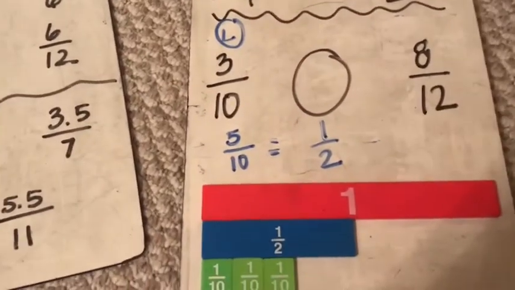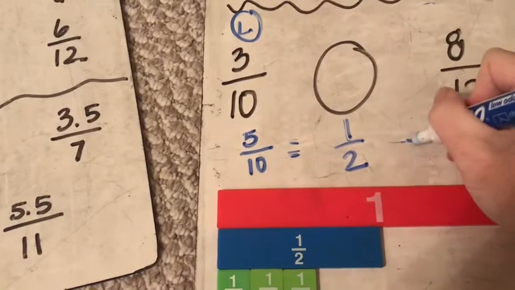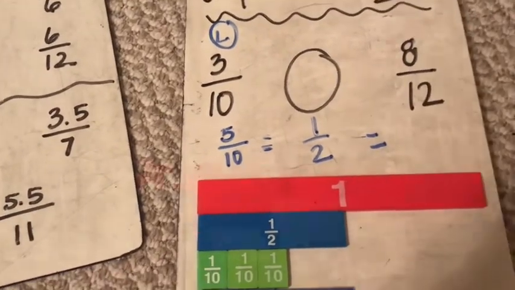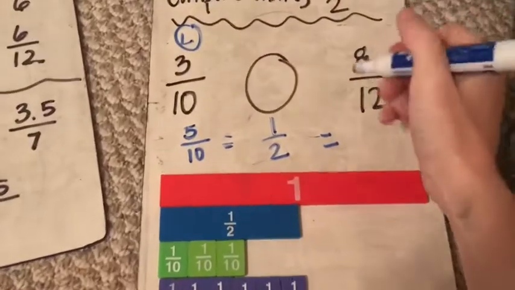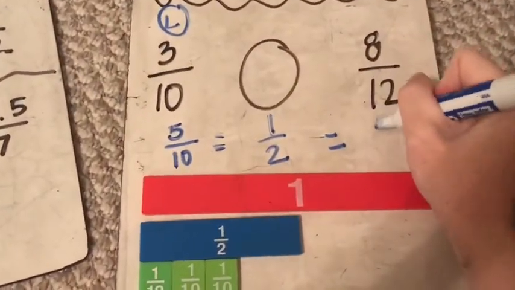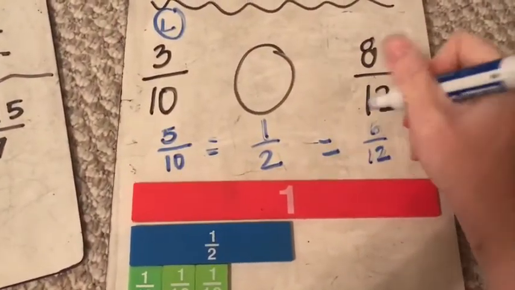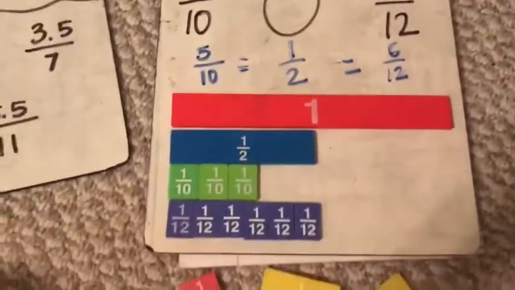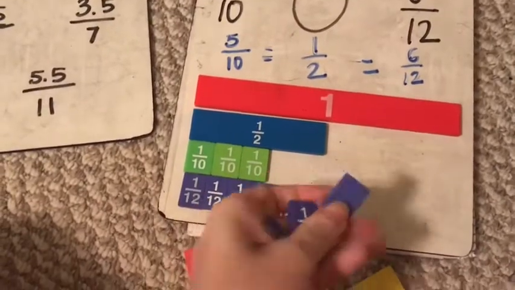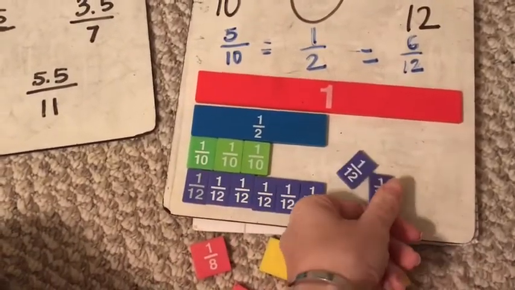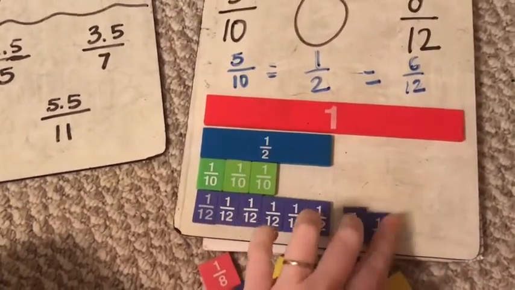Let me check over here on this side with 8/12. Let me think about what is half with 12ths. 6 is half of 12, so that means that 6/12 is equivalent to a half. But I don't have 6/12. I have 6, 7, 8/12 in my fraction.